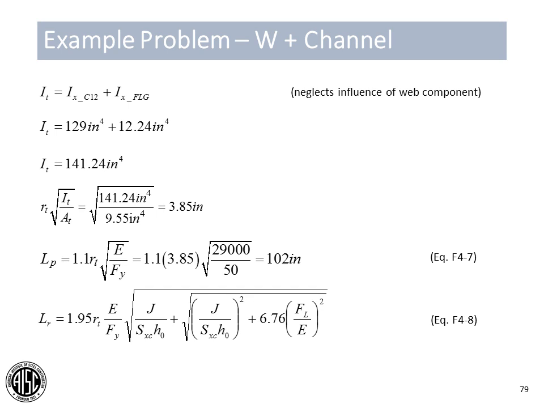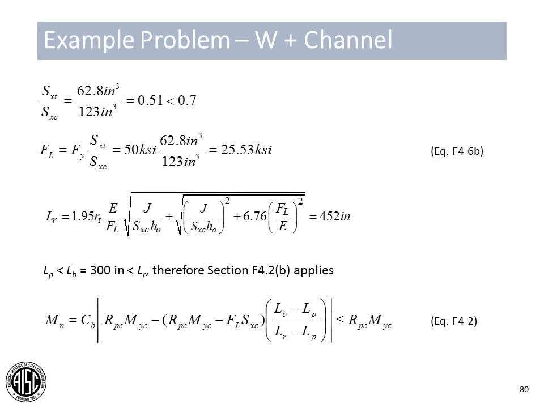From that R sub T, you can develop an L sub P value of 102 inches and an L sub R of 452 inches. So our unbraced length of 25 feet or 300 inches is between these two values. So we'll then develop our nominal moment capacity based on AISC specification equation F4-2.